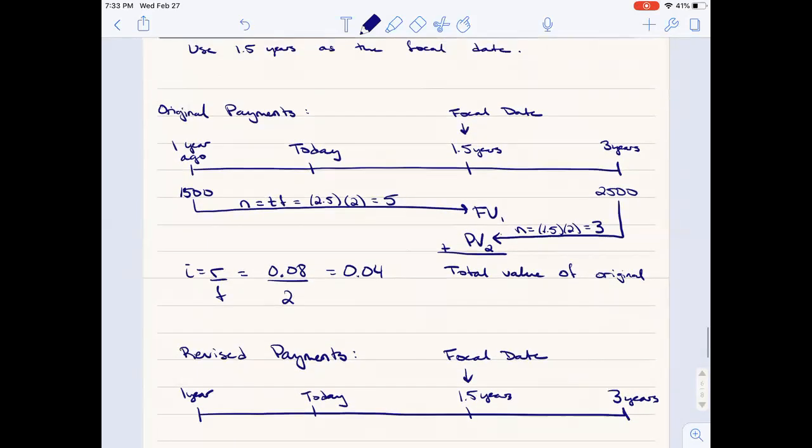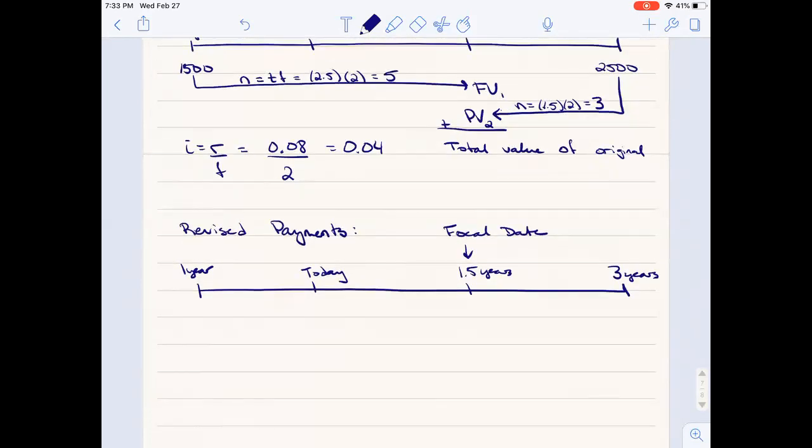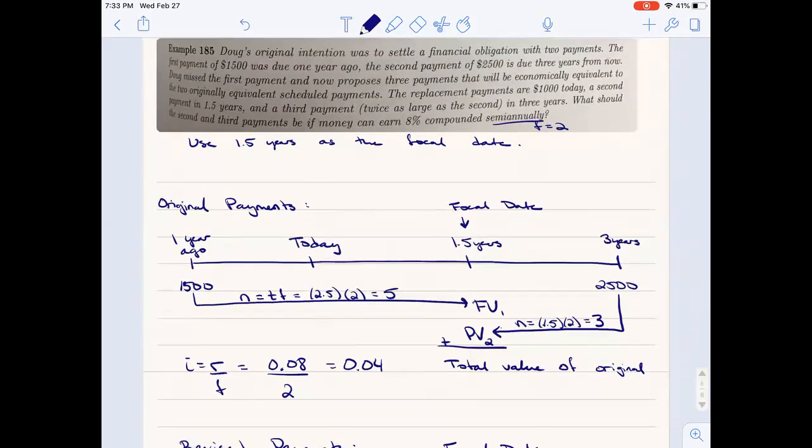So the new payments were a little bit different. The replacement payments, that's what I should have called them, not revised, are $1,000 today. I'll jot that down. And then a second payment in 1.5 years.